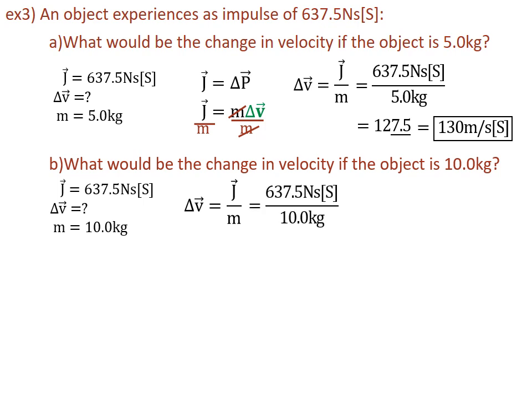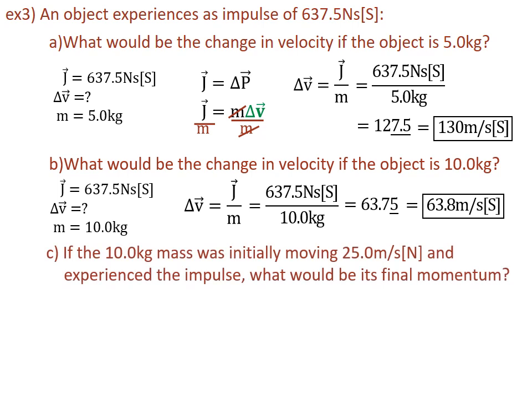So our impulse of 637.5 newton seconds south divided by 10 kilograms this time gives us a velocity of 63.8 meters per second south. Receiving the same shove, if the object weighed twice as much, its velocity would only change by half of what the 5 kilogram object did change by.